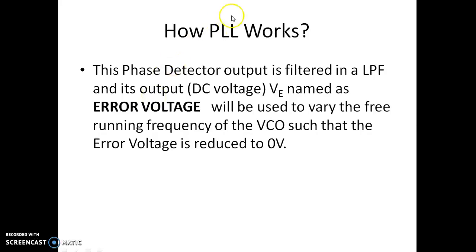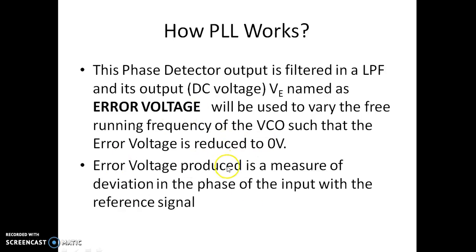The loop filter will give an error voltage of VE. Now this error voltage VE is proportional to the deviation in the phases of the input and the reference. This generated error voltage will be applied to the VCO to change its frequency so that the error voltage becomes 0. So the VCO frequency will be changed in accordance with the error voltage so as to make the reference signal frequency the same as that of the input signal frequency.